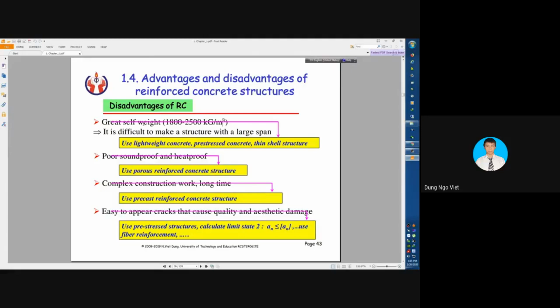So it is difficult to make a structure with a long span. It's very difficult, so we have to think about the solution.